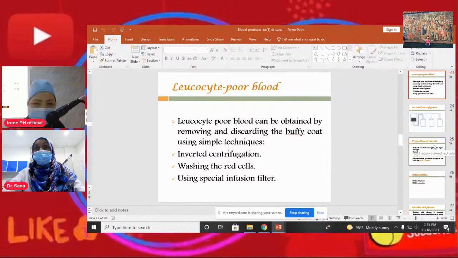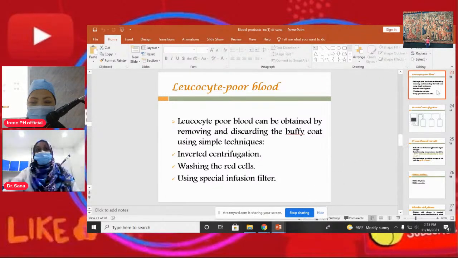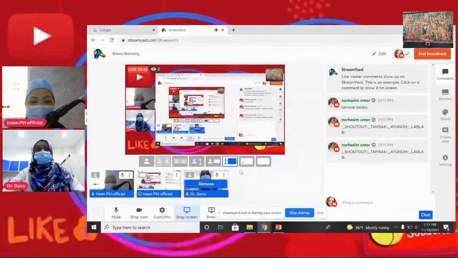Leukocyte for blood. That's the last one. Yes. Hello, Doctora. Hear me well?